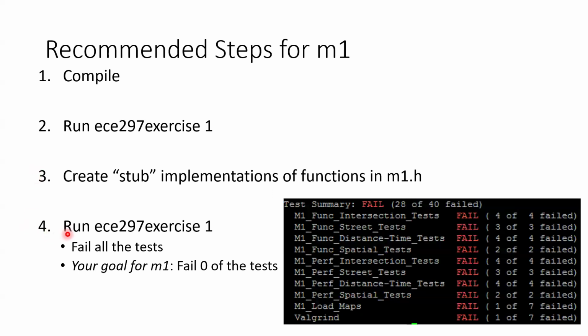And then run the ECE297 exercise again. Because we got around all of the build errors, you will get this test summary with all of them failing. Your goal for M1 is to implement all the functions so that you pass all of the tests here.